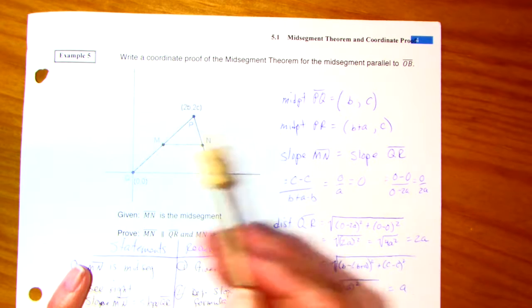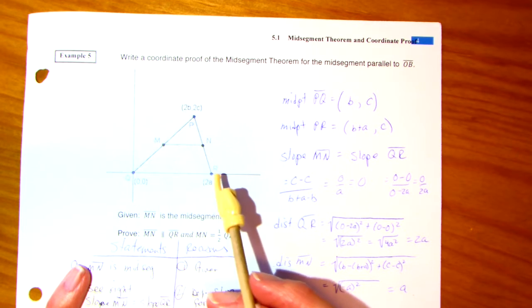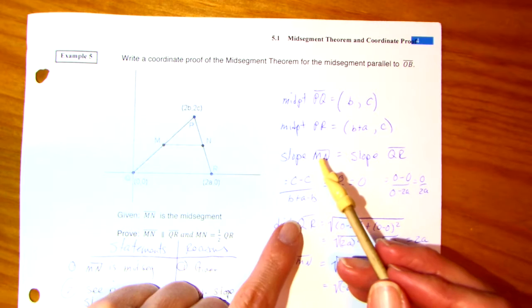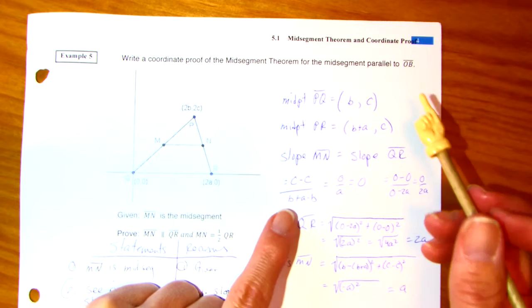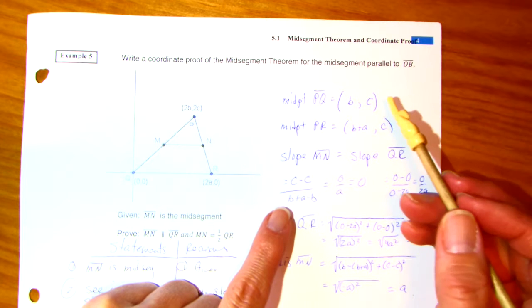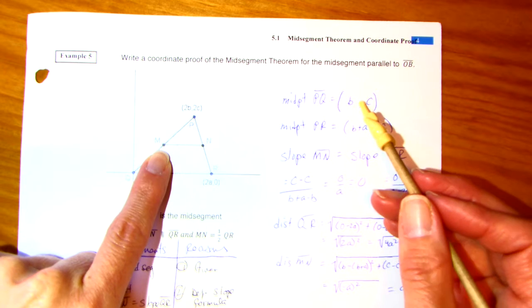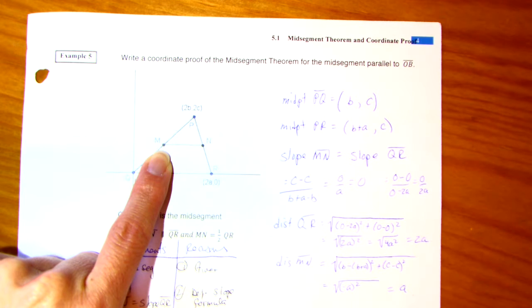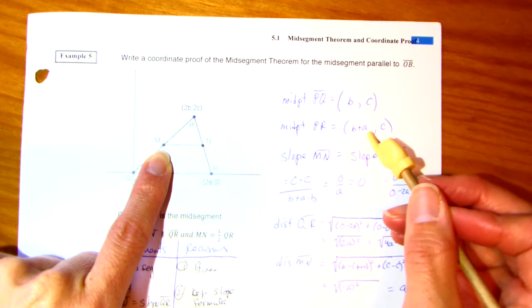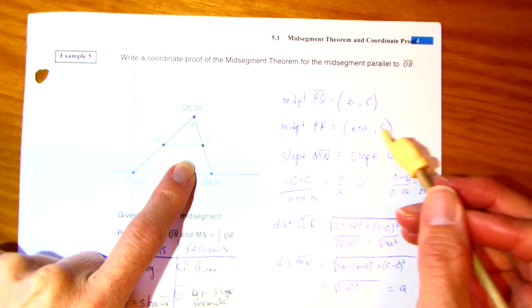Now, the slopes are the same. You can look right away that they're parallel, but go ahead and find the slope of MN. Remember, the ordered pair here is (b, c), and the ordered pair here on PR is (b plus a, c).